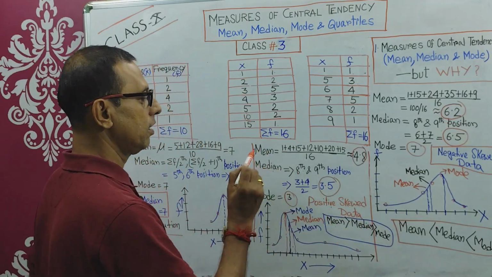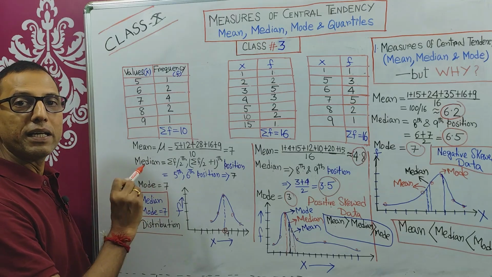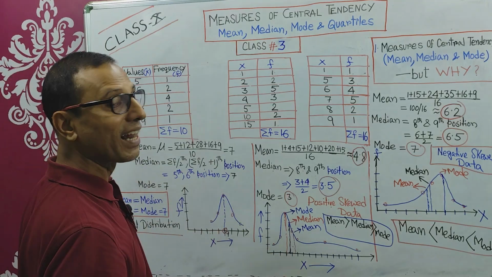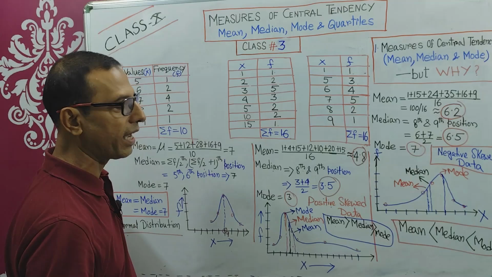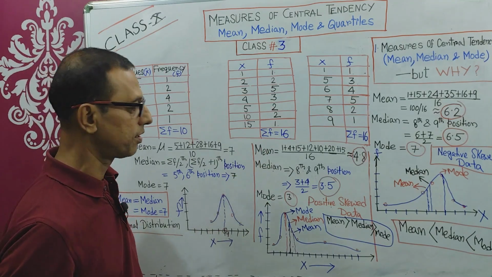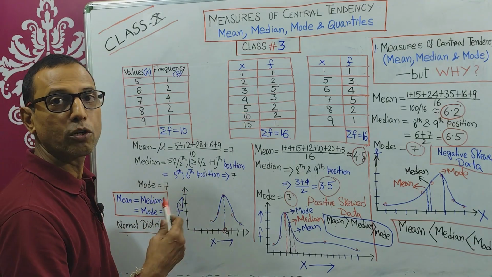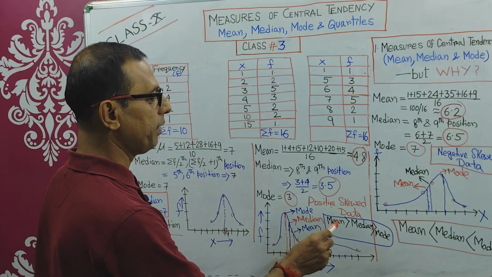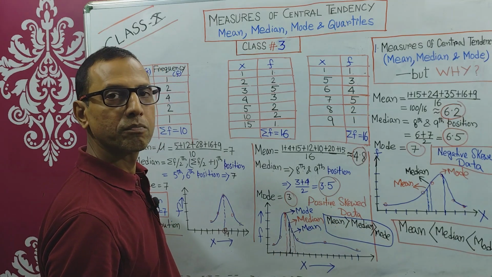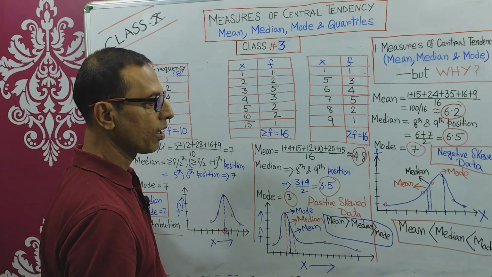So that means by looking into the mean median mode relationship or any single value itself, you can understand what is the kind of data distribution it is there. If mean median mode is equal, then it is a normal distribution, absolutely balanced data set. If mean is greater than median or mode, that means it's a positively skewed data.